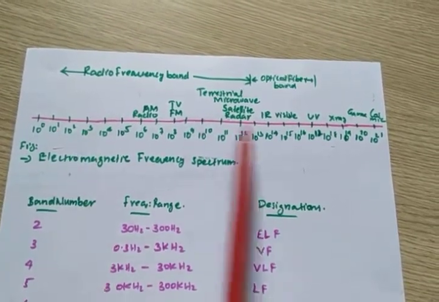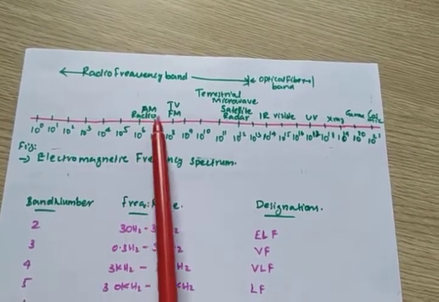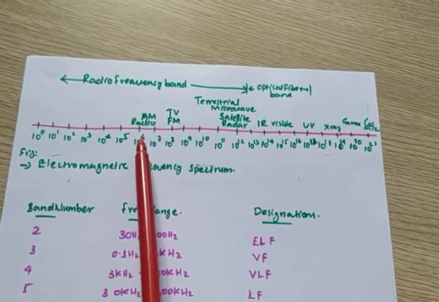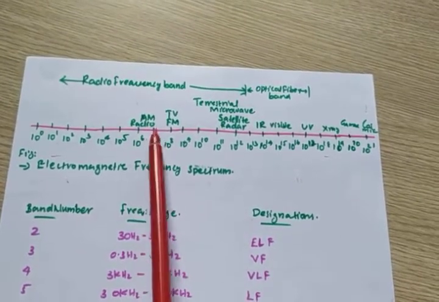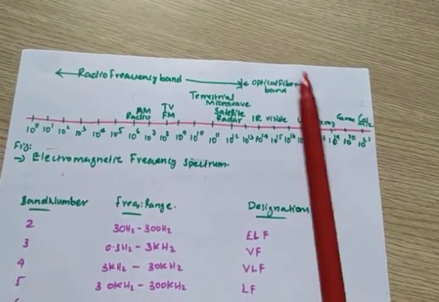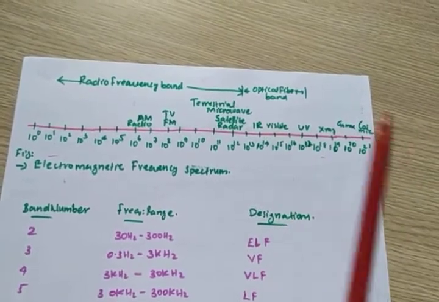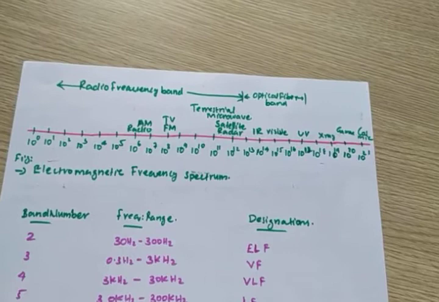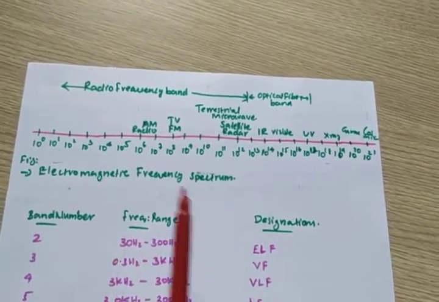In this spectrum it shows the different applications for different frequencies. For a particular frequency, the application is written in the spectrum. A spectrum is nothing but a set of frequencies used for a particular application. It is fixed.